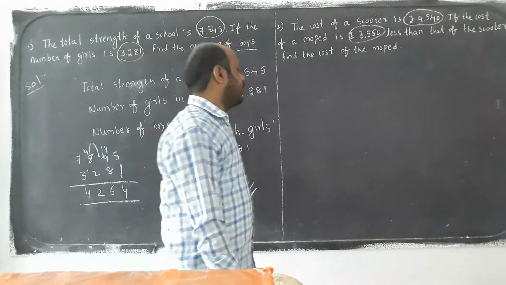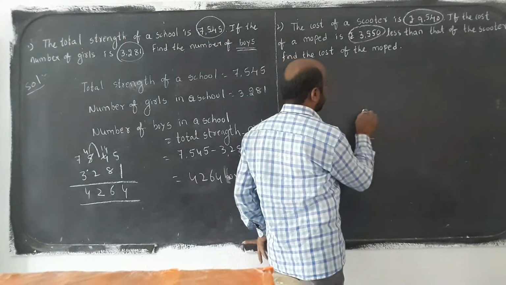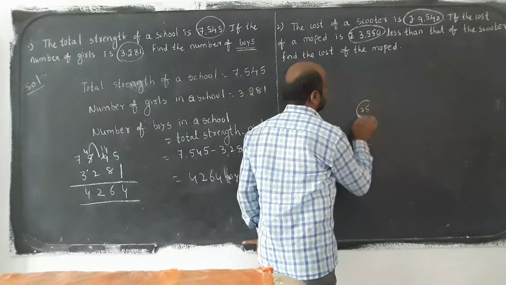What does it mean? For example, one apple costs 25 rupees. Then see here, one pomegranate costs 5 rupees less than the apple. The apple cost is 25 rupees.